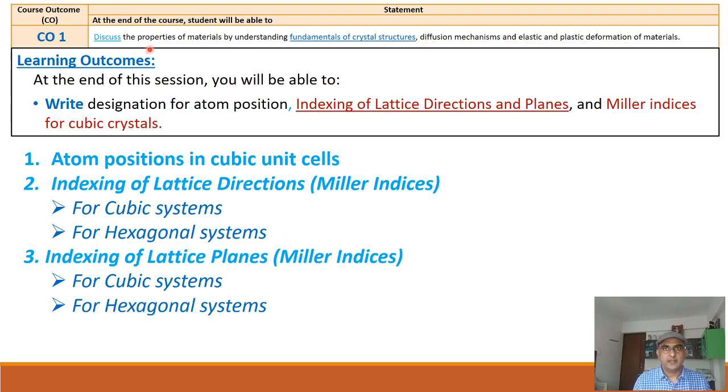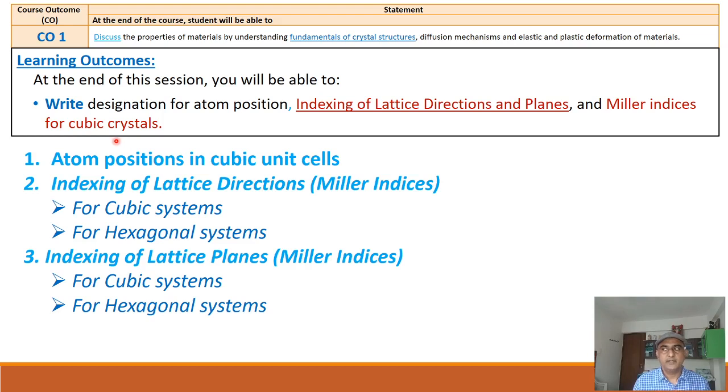So these are the outcomes we have to achieve after completion of this total unit 1. What is the learning outcome? At the end of this lecture, you will be able to write a designation for atom position, indexing of lattice directions and planes, and Miller indices.